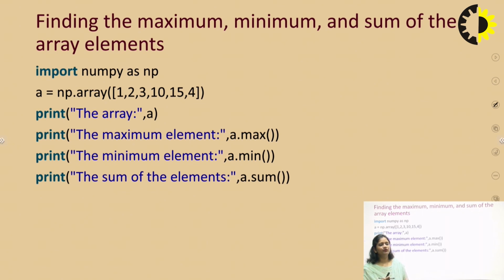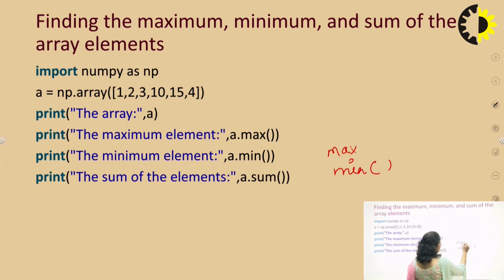After that we have to create a list of numbers like 5, 10, 12, whatever you want. Then print the array. After that, we have a direct method for finding the maximum element, max. For finding the minimum element of an array, we have a direct method, min.